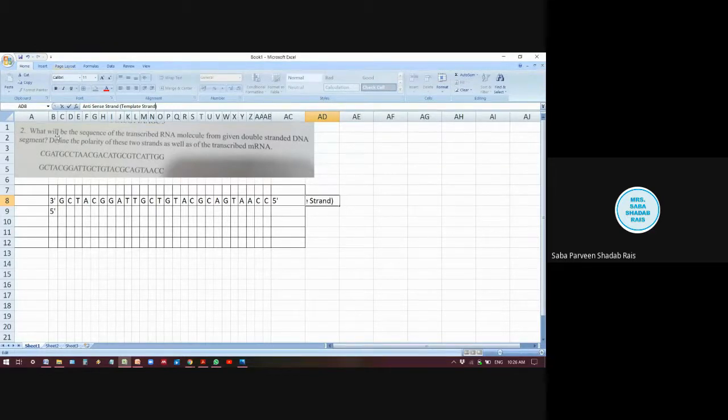What is asked? What will be the sequence of the transcribed RNA molecule from the given double-stranded DNA segment? Define the polarity. Now we had already defined the polarity. We have written the antisense strand. Now we only have to write down the mRNA.